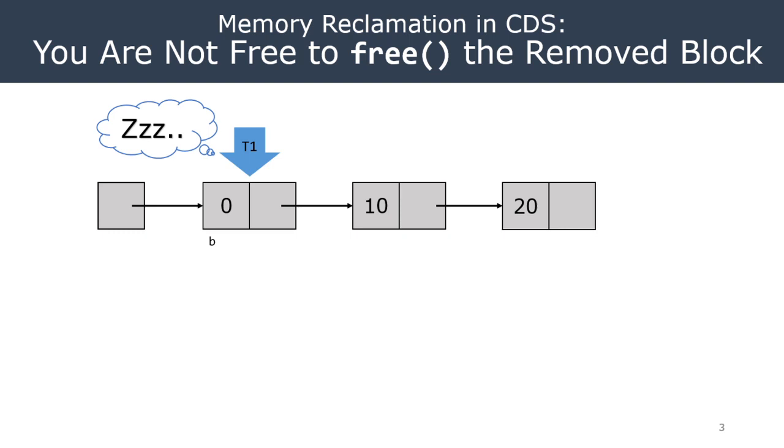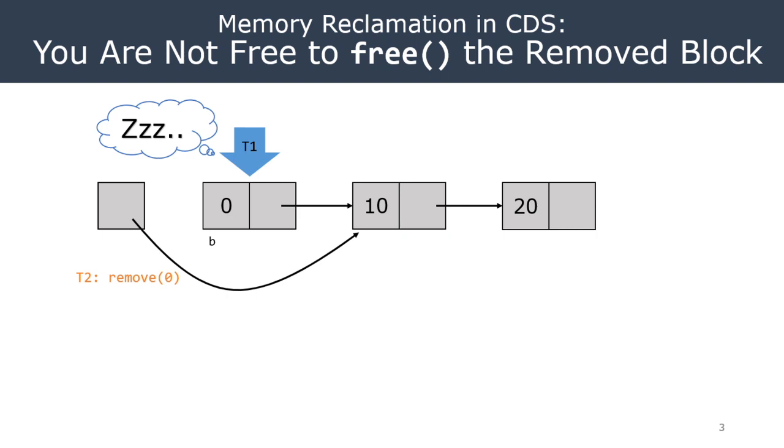For example, it wants to do some I/O, or maybe the OS scheduler doesn't give a slot to T1. Anyway, T1 is sleeping now, and at the same time, assume that T2 has just removed node 0 by updating the head pointer from 0 to 10.